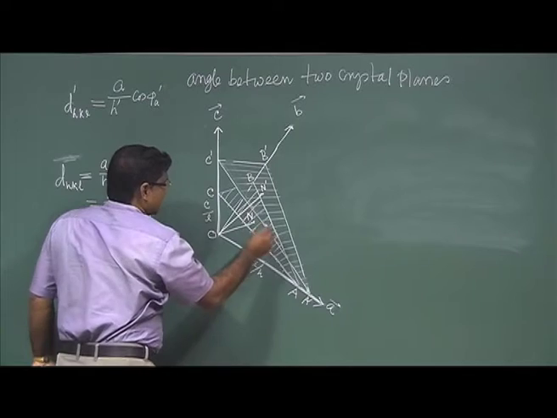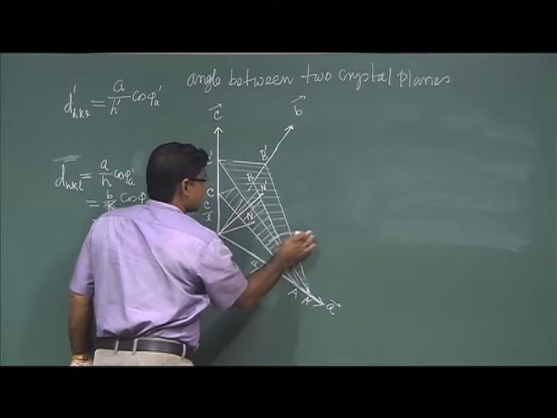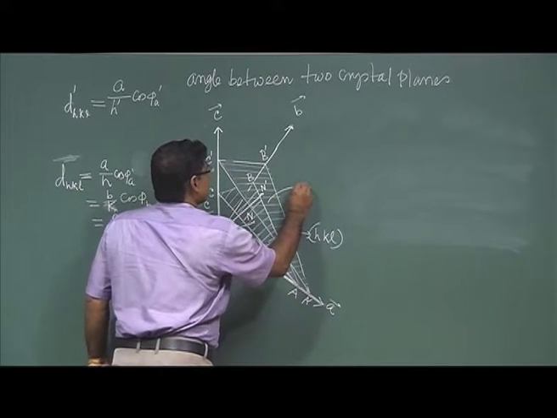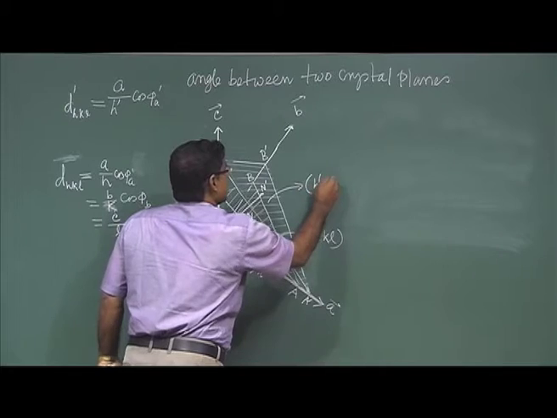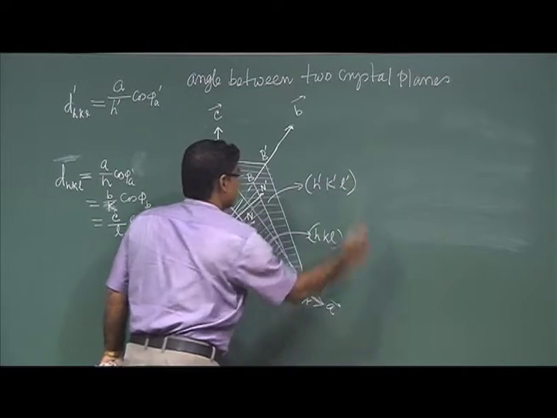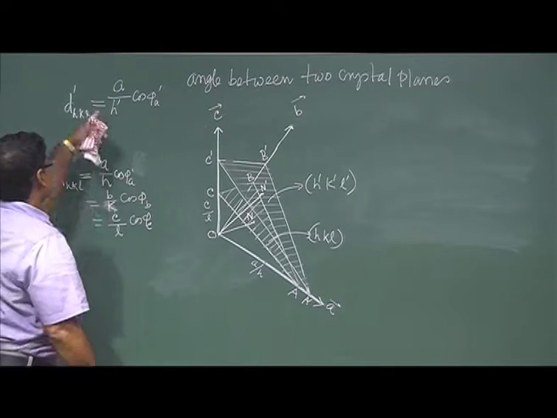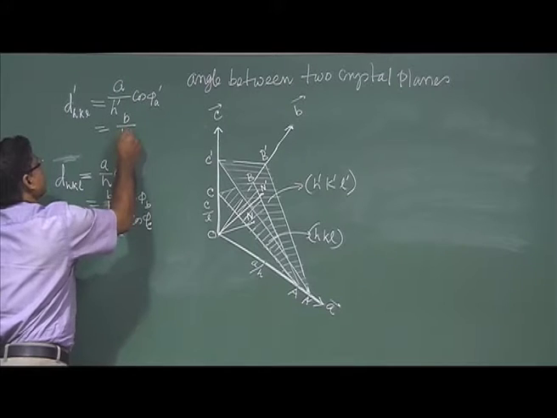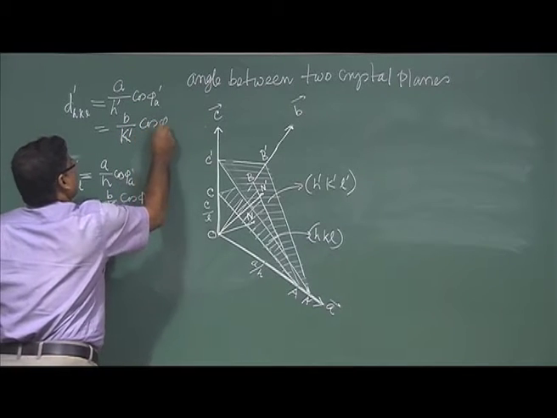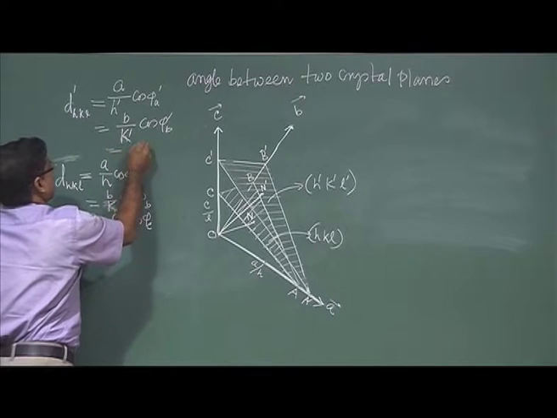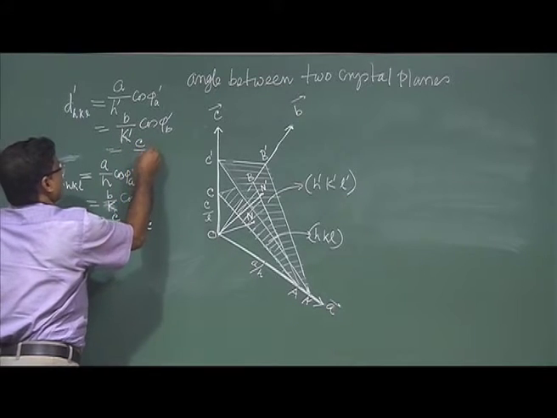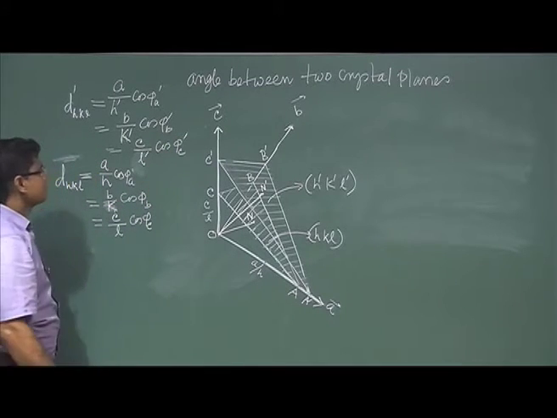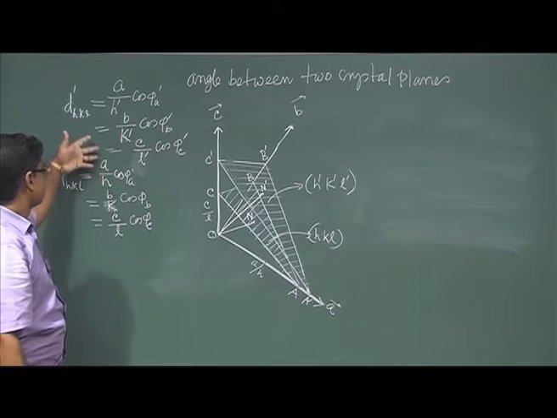So, basically the Miller indices of this plane are H K L, and the Miller indices of this plane are H dash, K dash, L dash, right.